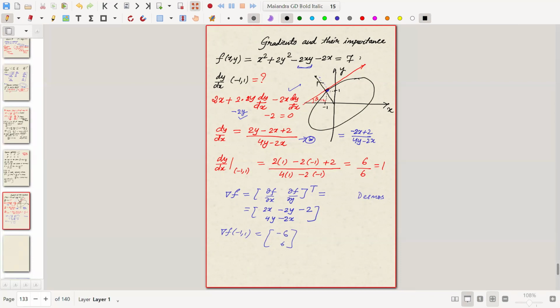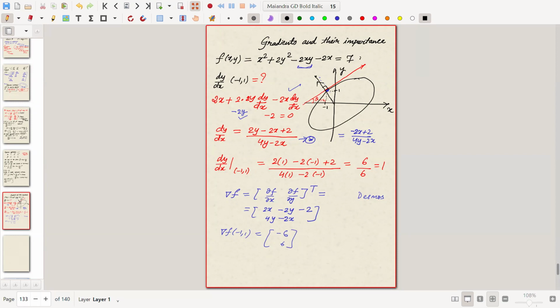Note that. Do you see a geometrical interpretation of this? This normal line is perpendicular to your tangent line, isn't it? So the gradient is perpendicular to your tangent.